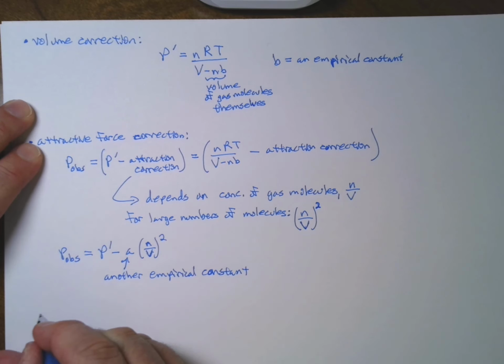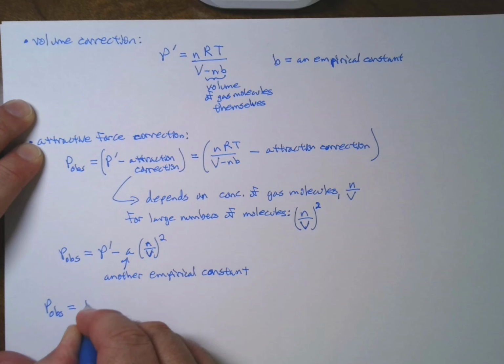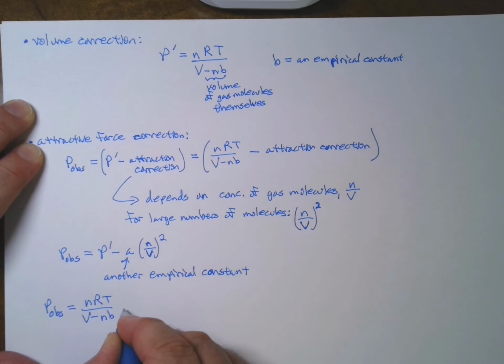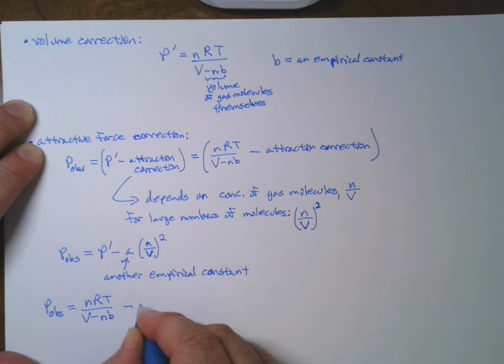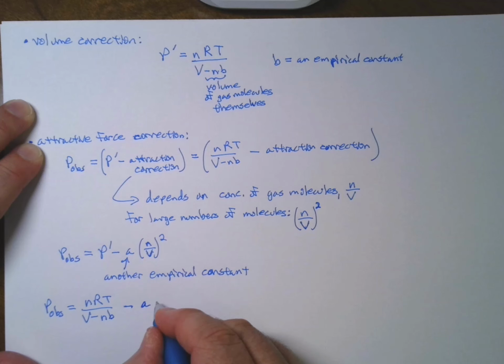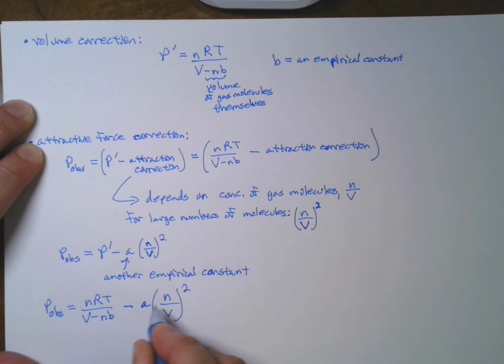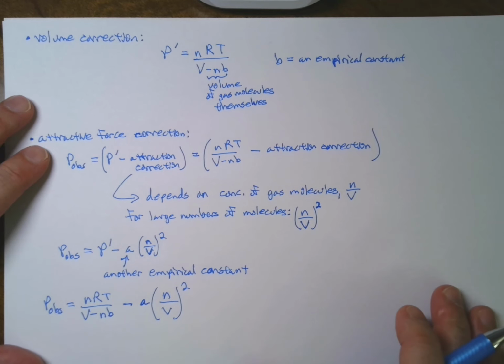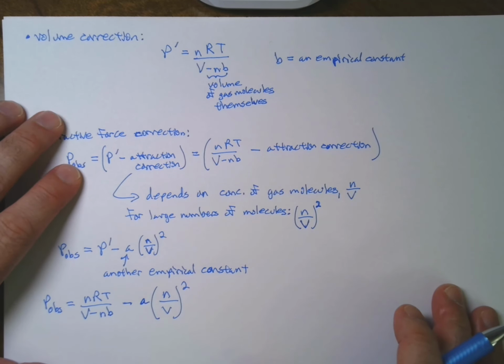So we get our observed pressure equals nRT over V minus nb, minus, and it's minus because we've got an attractive force, a times n over V quantity squared.